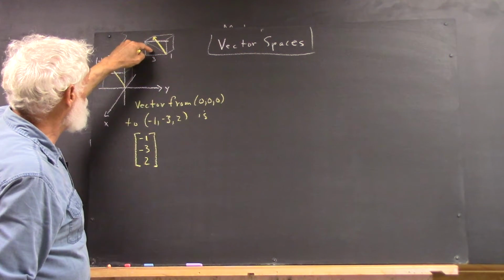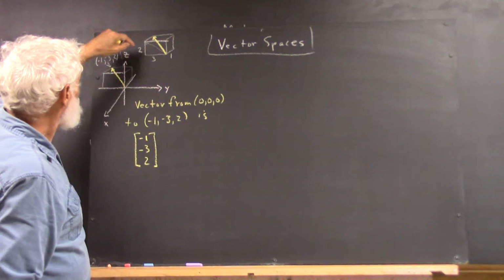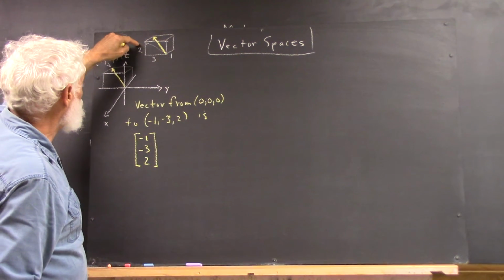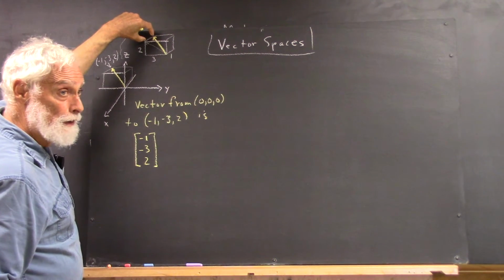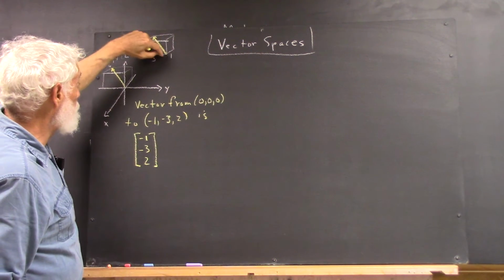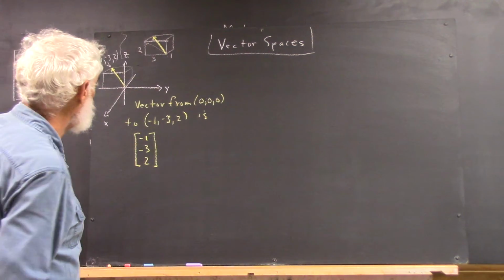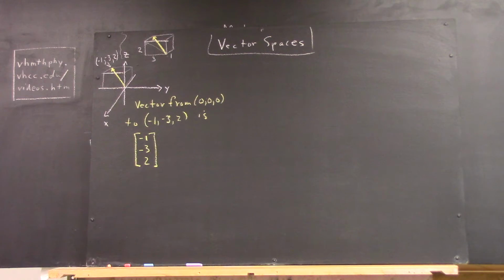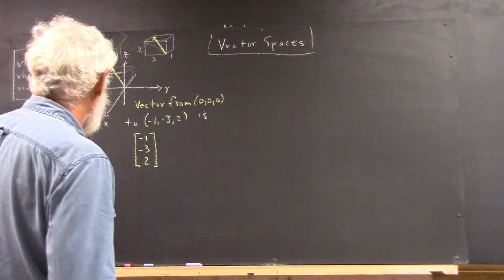Now, this vector and this vector are at right angles, so that we take the square of the length of this vector and the square of the length of this side, and we're going to get the square of the length of our yellow vector. So that's the only picture you need. You've got to be able to write down the symbols, and that's something we'll work on a little bit.